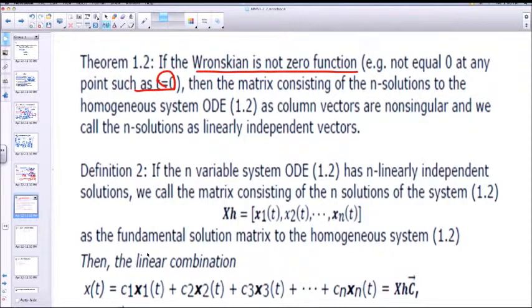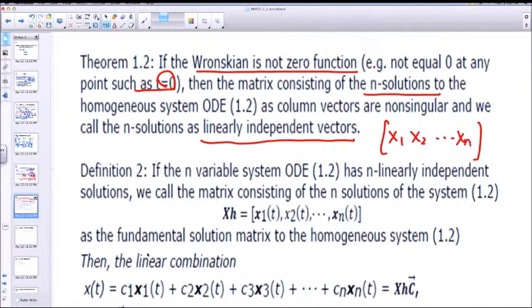If that's not 0, what's the premise? The premise is all the n solutions are called linearly independent. And linearly independent simply means this matrix x1, x2, xn has an inverse. That's why it's called non-singular.